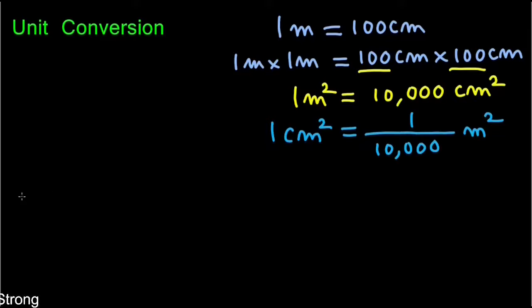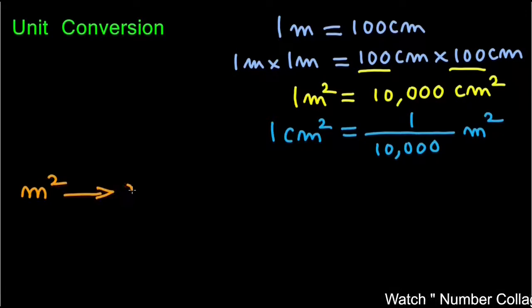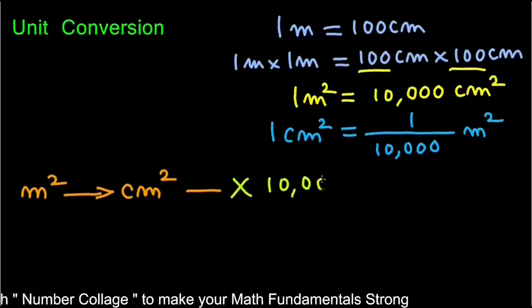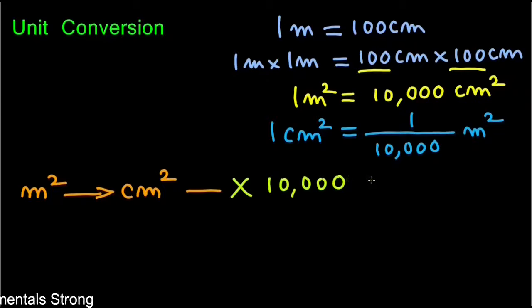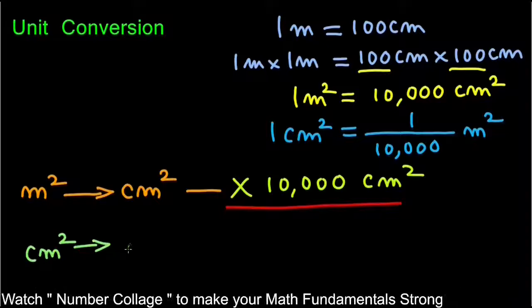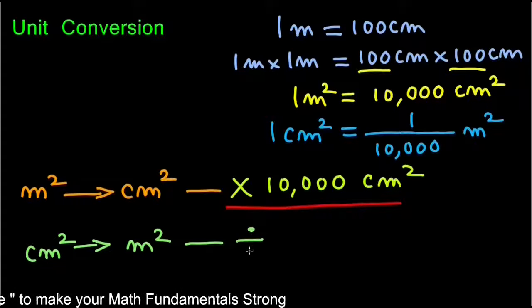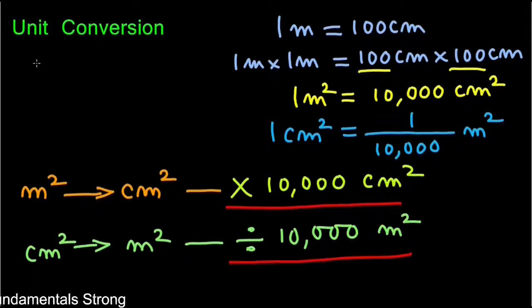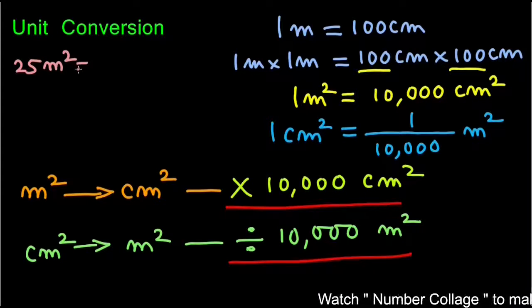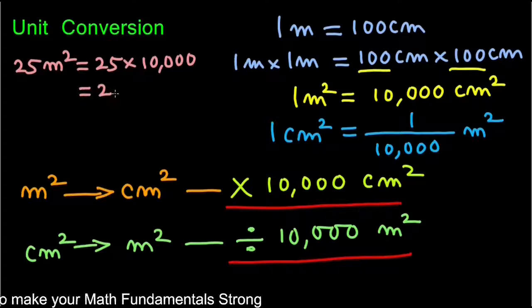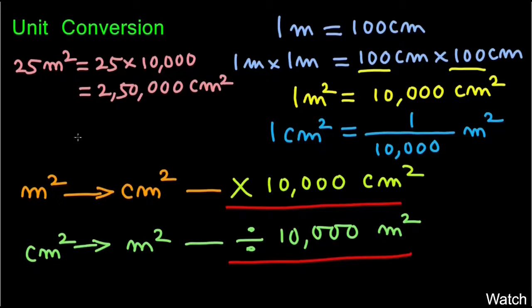So therefore, whenever we are converting meter square into centimeter square, we have to multiply meter square by 10,000 to get meter square into centimeter square. And whenever we want to convert centimeter square into meter square, we have to divide by 10,000. For example, 25 meter square will be equal to 25 multiplied by 10,000, that will be 2,50,000 cm square.